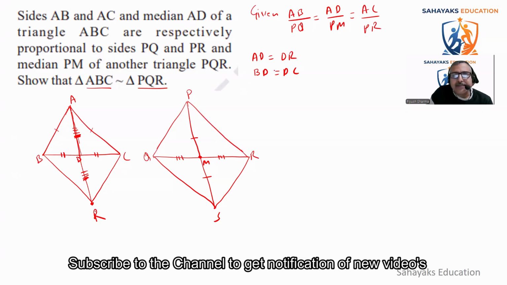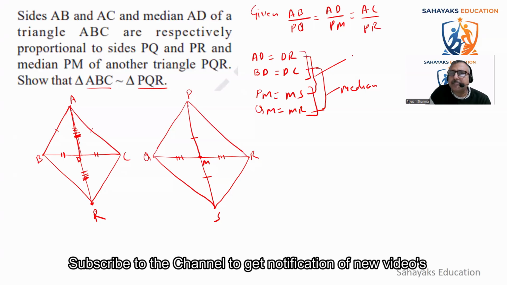PM is equal to MS and QM is equal to MR. These we know by median and by construction.